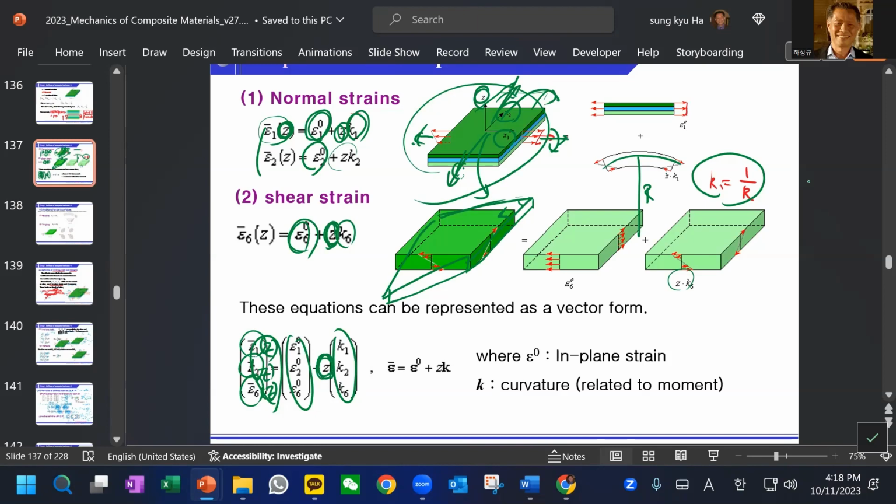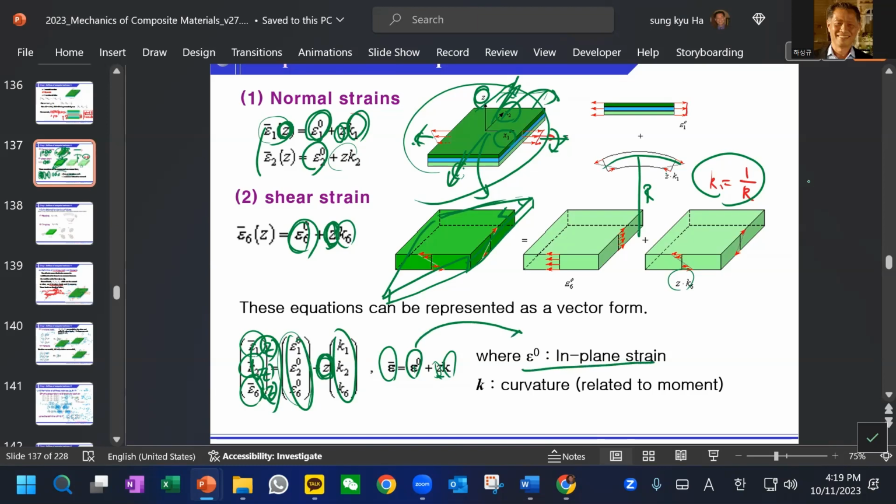Okay, so these three components can be represented in vector form, epsilon bar, and the uniform part, epsilon 0. This is all vector. This curvature is also in vector form, and this is Z. Z is just a scalar, the coordinate in a laminate. This one is called in-plane strain.